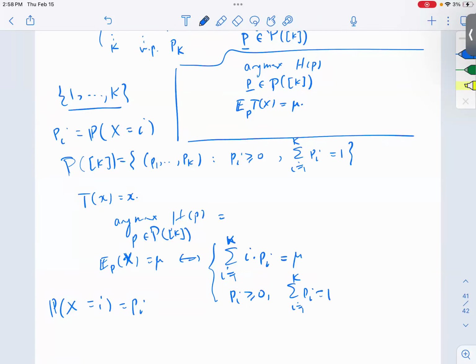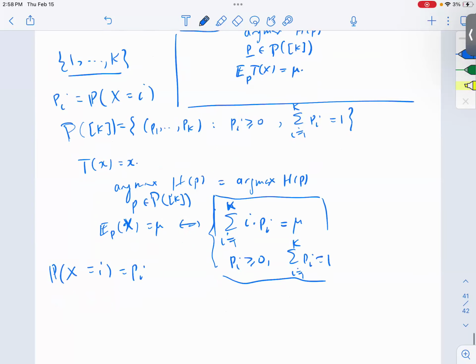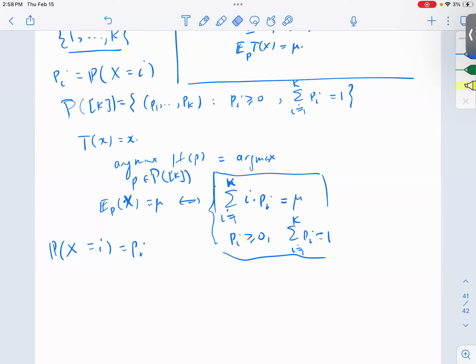So you're maximizing basically H of P under these constraints. So this is a convex problem: argmax of negative summation Pi log Pi, i from 1 to k.